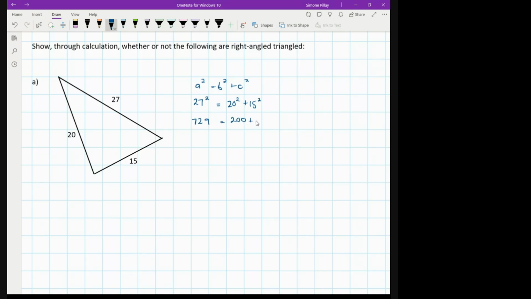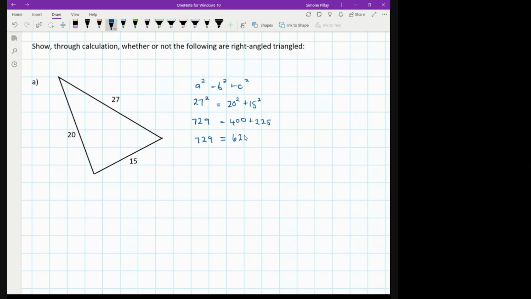So 729 is equal to 400 plus 225, which is equal to 625.